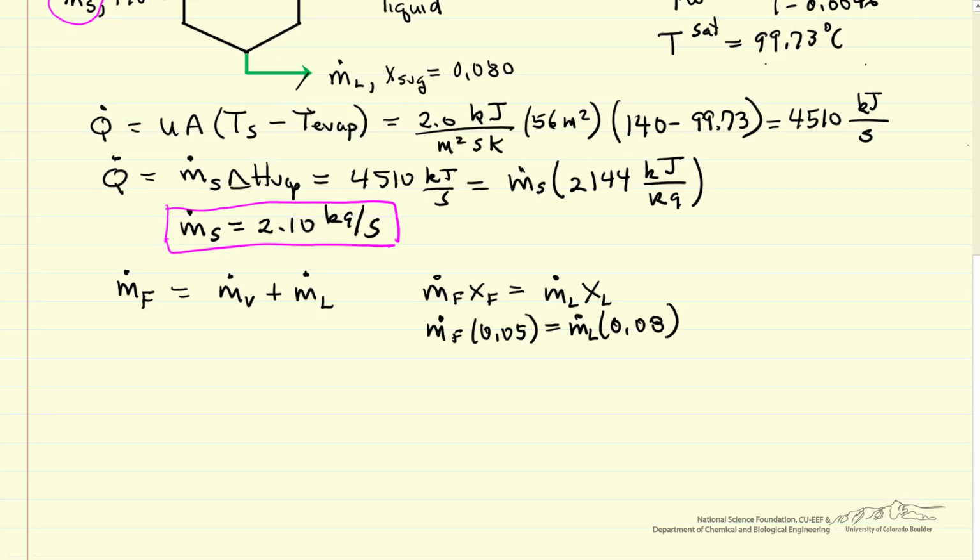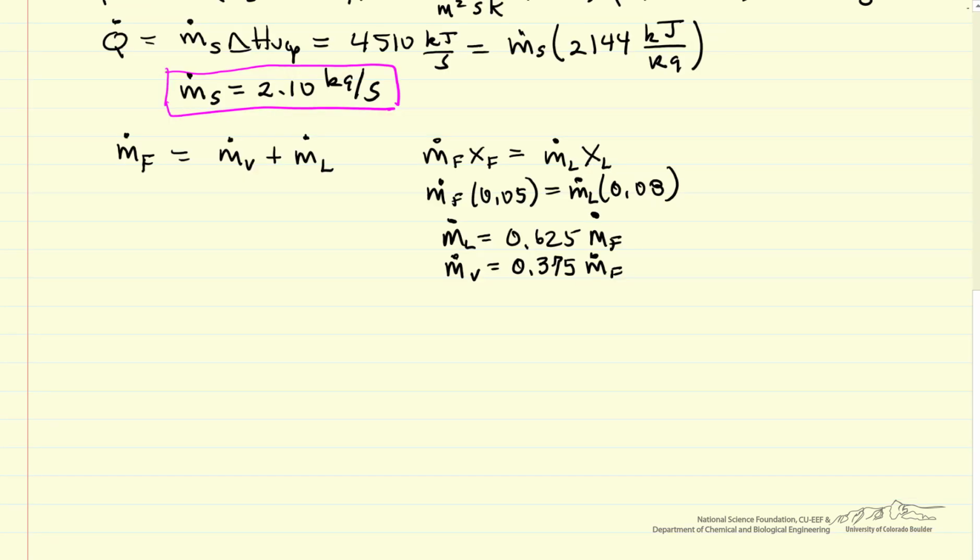Give us a little more room here. So the mass flow rate of the liquid is related to the mass flow rate of the feed, which means then the mass flow rate of the vapor is 1 minus 0.625 times the mass flow rate of the feed. Now that we have these mass balances, what we need to do is an energy balance on the evaporator. The heat that we add, Q dot, is distributed. We think of the mass flow rate coming in as being broken into 2 parts.